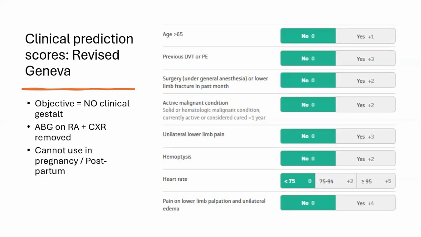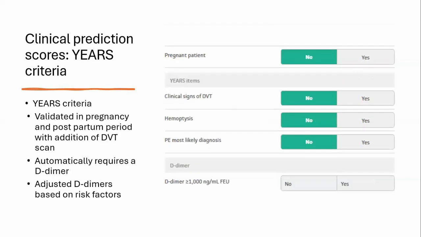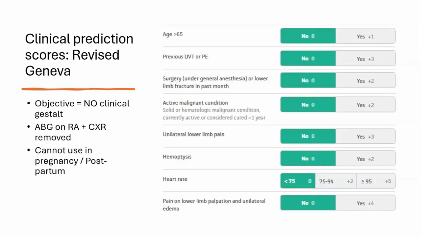It's used as an alternative to Wells in patients who are low enough risk to rule out PE with a score and a D-dimer. And the whole aim is to avoid a CTPA unnecessarily. Obviously, if the patient's high risk, you're going to progress to a CTPA. So the original Geneva score actually required a chest X-ray and an ABG on room air, and they've decided to remove that, and they revalidated the score because of that.